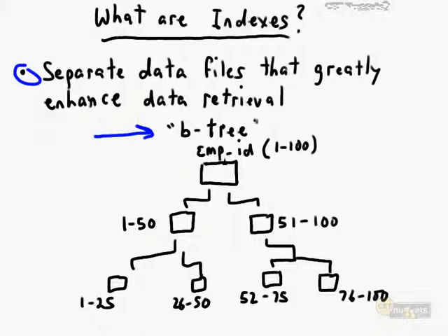Let's say we have a table called employees, and we're building an index that's keyed or mapped to the employee ID column. Let's say, moreover, we have 100 employees in said table. Now, what happens when we build an index keying on the employee ID column?